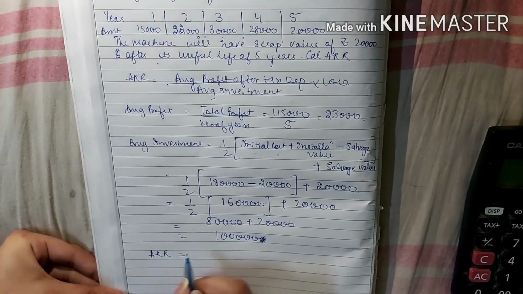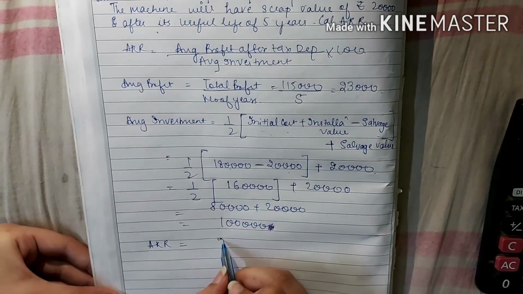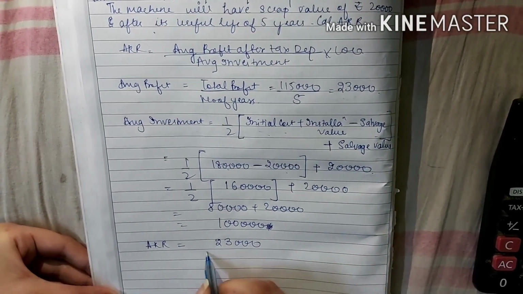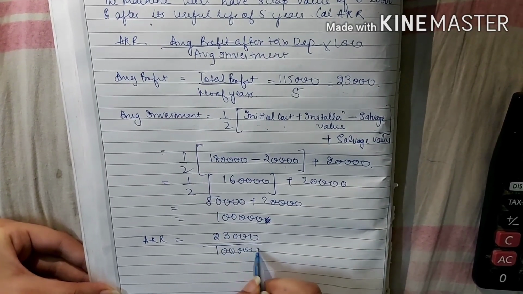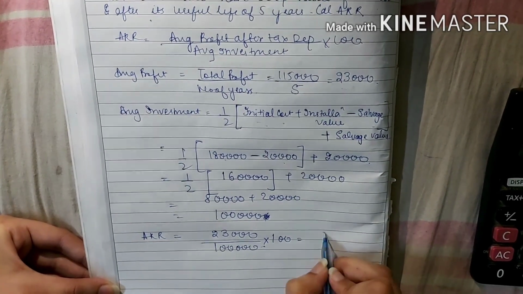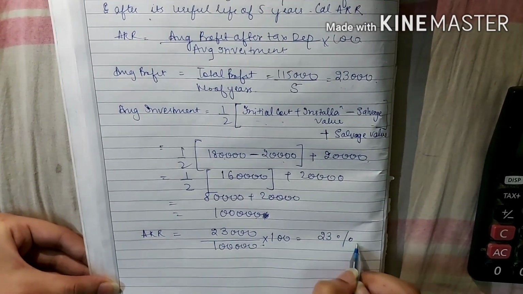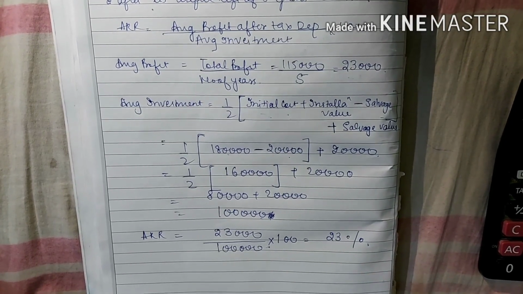Now ARR is average profit after tax and depreciation. It is 23,000 upon average investment, which is 1 lakh into 100. So it will be 23%. Here our ARR is 23%. So our question is complete.